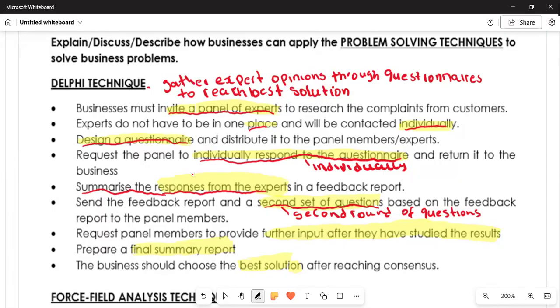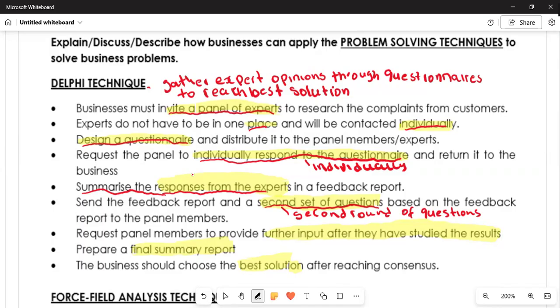Ask experts to rate the best solutions. That is how you are going to do it. You send it to the panel members.